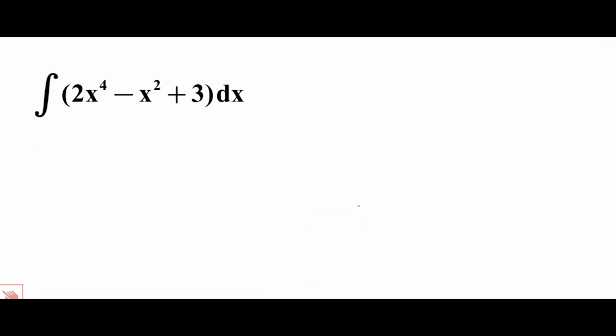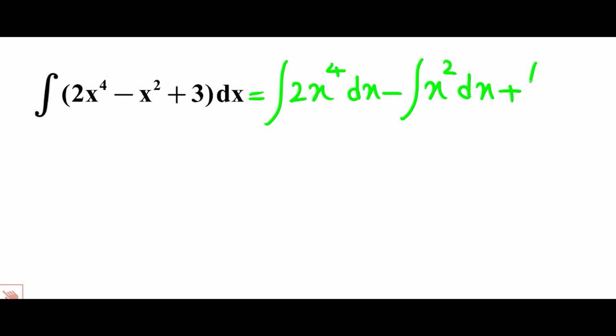Or the integral of 2x to the fourth power minus x squared plus 3 equals the integral of 2x to the power of 4 dx minus the integral of x squared dx plus the integral of 3 dx.